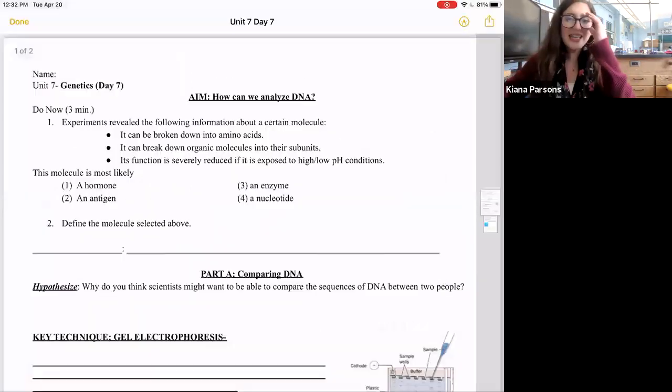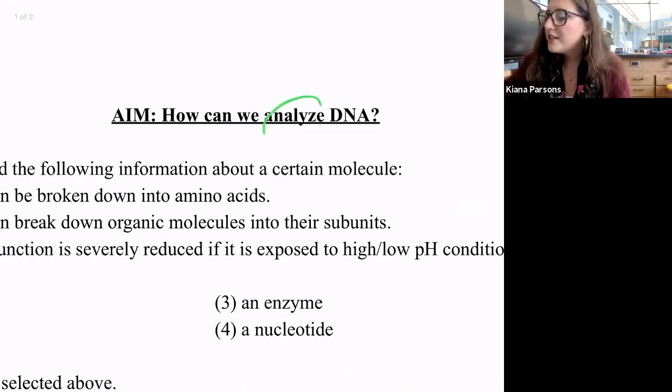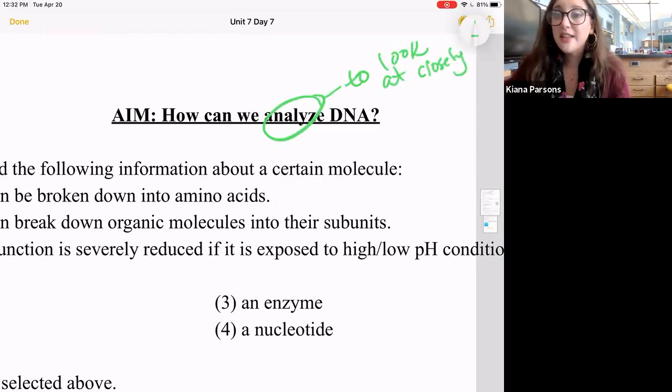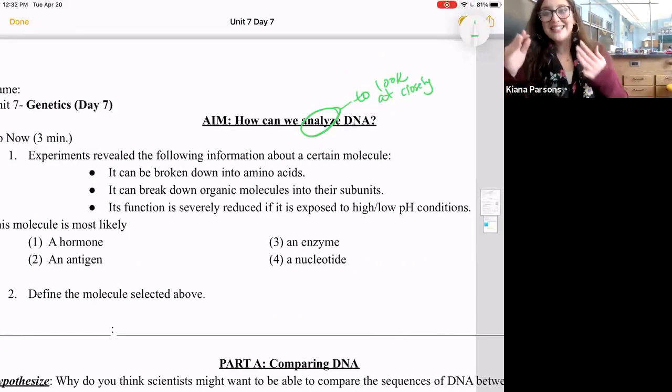All right, so today's aim is how can we analyze DNA? And analyze really just means, obviously, to look at closely. What we specifically mean in this case is we're going to analyze DNA to see which DNA is similar to other DNA.